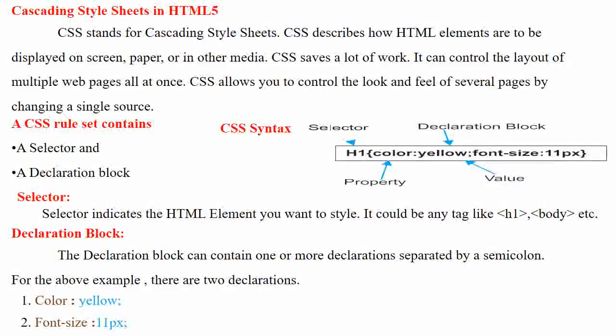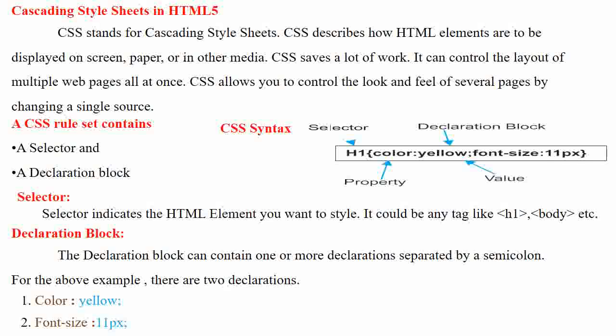CSS describes how HTML elements are to be displayed on screen, paper, or in other media. CSS saves a lot of work. It can control the layout of multiple web pages all at once.